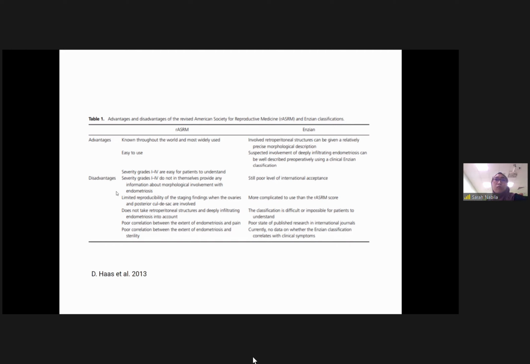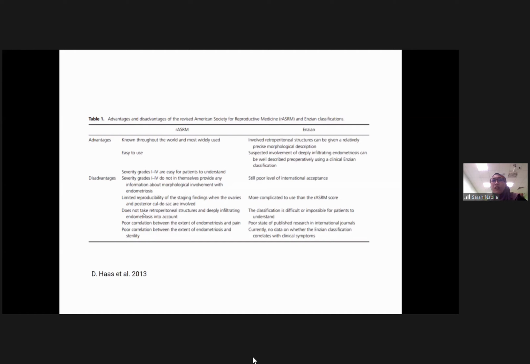And for the disadvantages, the revised ASRM has more, because they mentioned the severity grades 1, 2, 3, and 4 are not really understandable, and it does not provide any information about the morphological involvement of the endometriosis, and it has limited reproducibility.